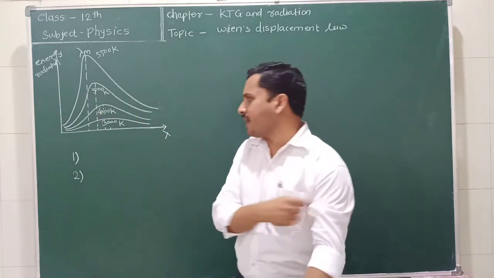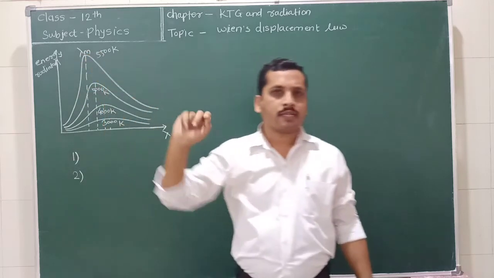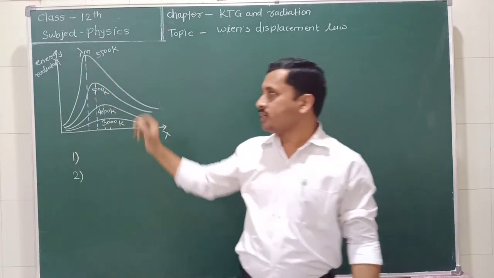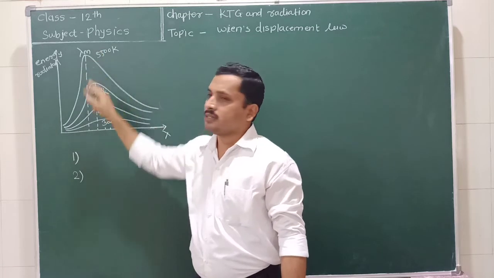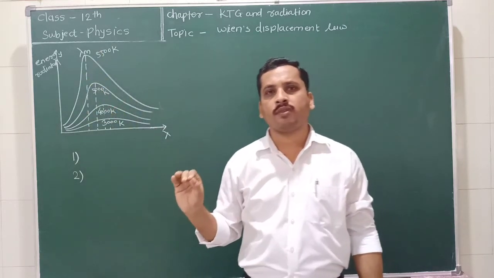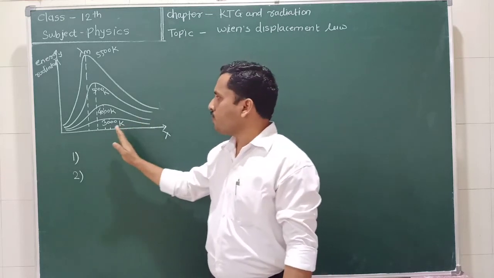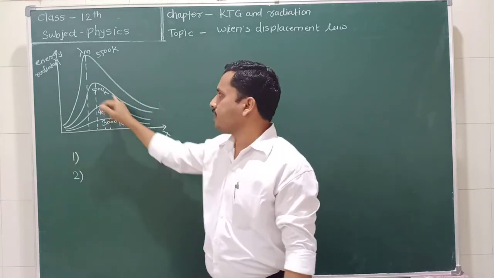So we can say that as the temperature increases, this maximum wavelength, which denotes the radiation of the maximum intensity, goes on decreasing.